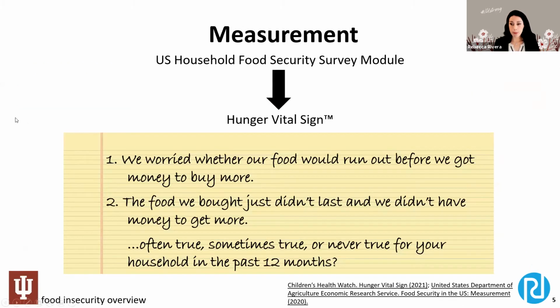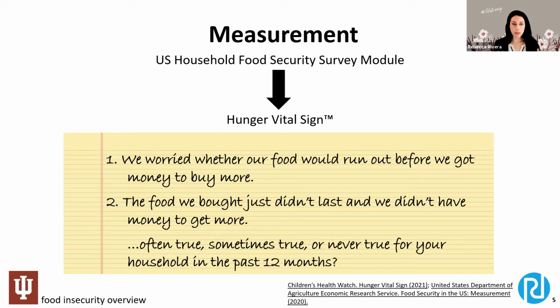So we have been surveying food insecurity in the United States for over 25 years now. We have a survey that is administered nationally in December every year. It's called the U.S. Household Food Security Survey Module. It's a big survey. It has 18 questions. And it's really the gold standard for measuring food security at the population level.